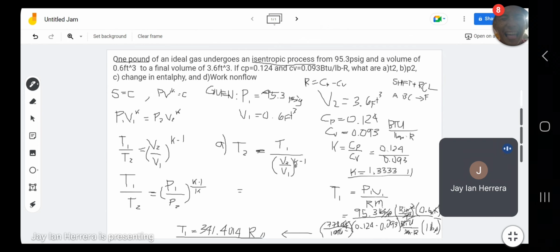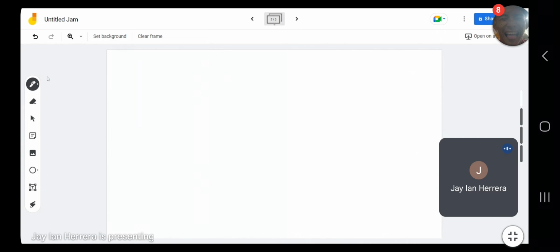Okay, so how do we get T2 again? Basically, i-resolve natin yung volume ratio raised to K minus 1. So give tayo ng K dito. Okay, next page tayo.